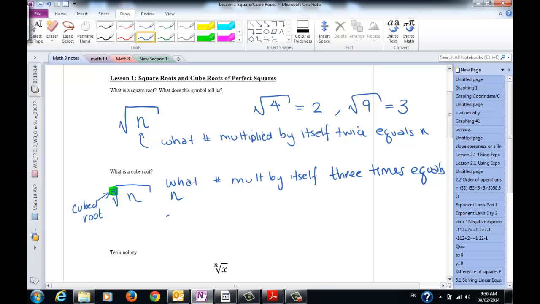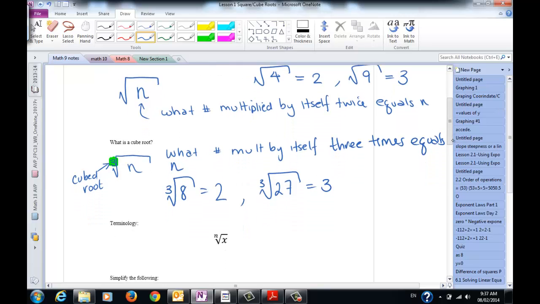A nice example is the cubed root of 8. What number multiplied by itself 3 times equals 8? 2. Cubed root of 27. What number multiplied by itself 3 times equals 27? 3. And if you're ever not sure, we're going to use factor trees. Remember prime factorization from last year, we're going to use that same method.